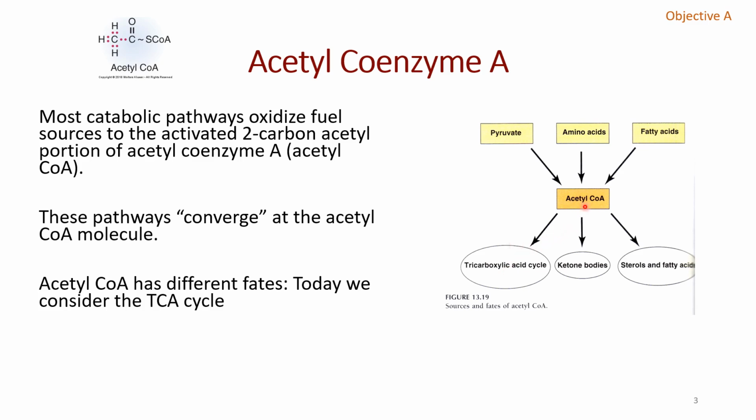Other things that acetyl-CoA can do is it can be converted to those molecules called ketone bodies, which is a way of repackaging the acetyl-CoA into a stable form that can be released into the blood, and then other tissues can pick those ketone bodies up and use them for energy. And then acetyl-CoA is a pretty important starting material for the synthesis of fatty acids, but also the synthesis of cholesterol. And we'll deal with these in subsequent lectures, ketone bodies and sterols. But today we're going to talk about tricarboxylic acid, or TCA cycle.